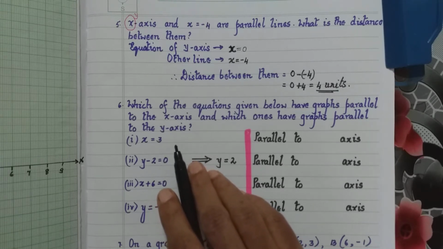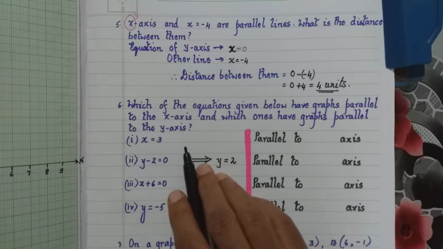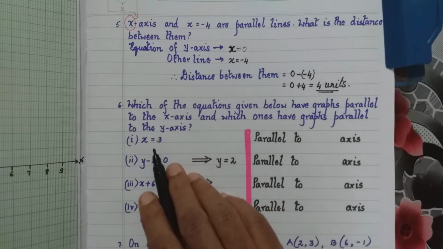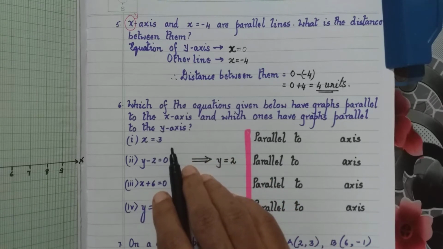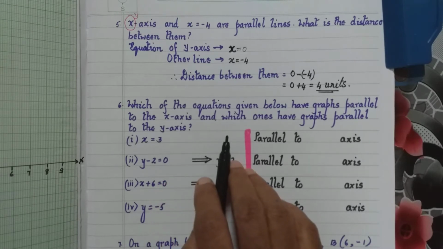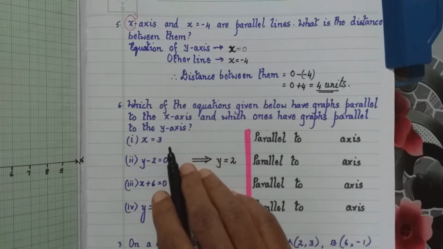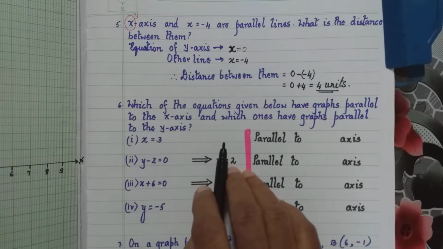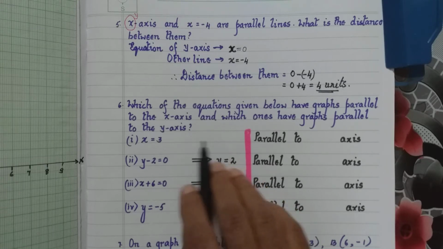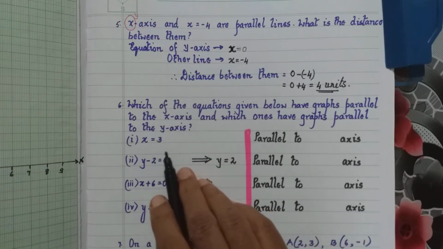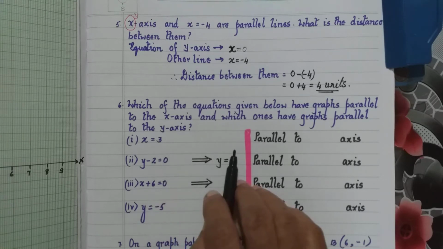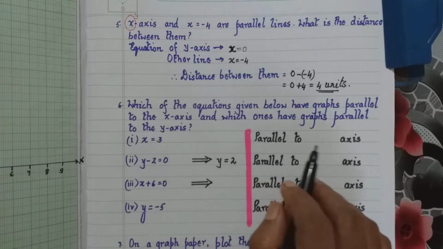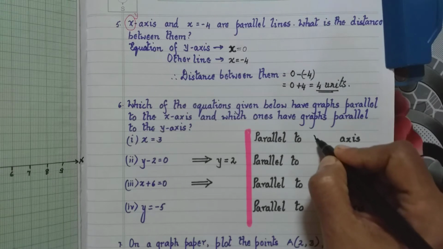You remember when we said when we are having lines parallel to the axis, if it is x equal to a constant, then it is parallel to the y-axis, and if it is y equal to a constant, then it is parallel to the x-axis. So here the equation is x equal to 3. So it will be parallel to the y-axis.